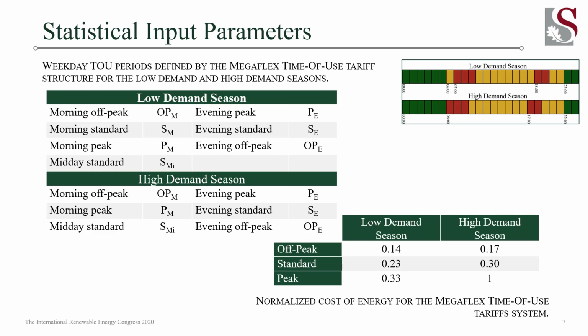Now, the feature vector defined for the input layer of the self-organizing maps consists of statistical parameters for the wind speed distributions associated with the various Megaflex time of use periods, and this is defined in the first table as we saw. The features calculated for each time of use period include the mean wind speed and the standard deviation.